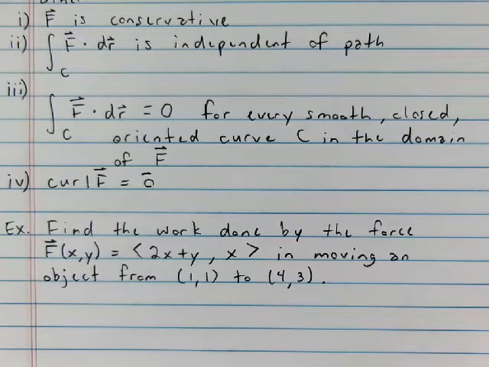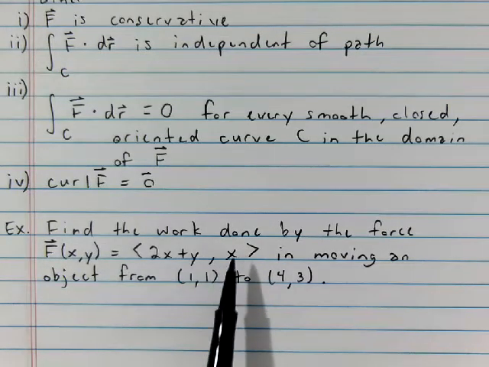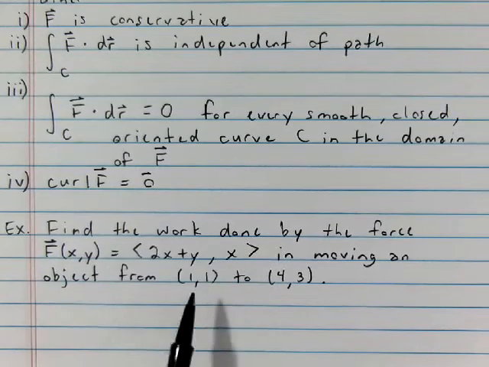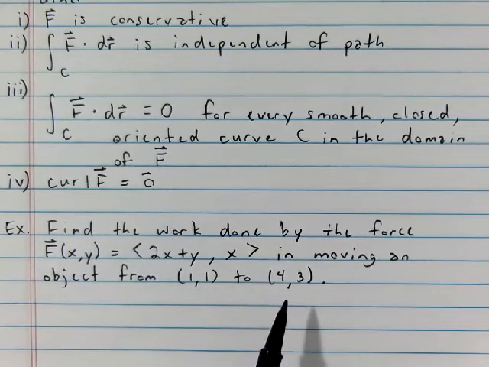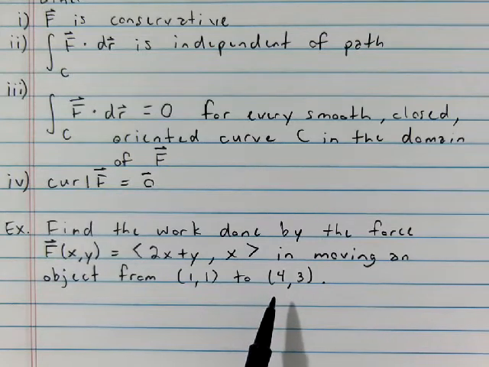Alright, so one thing that you'll see in some problems is that notice we aren't even given a path along which we're traveling in this vector field. We just know our start point and our end point. So that's a clue that you're going to be using the fundamental theorem of line integrals, because we don't even have a path to parameterize.